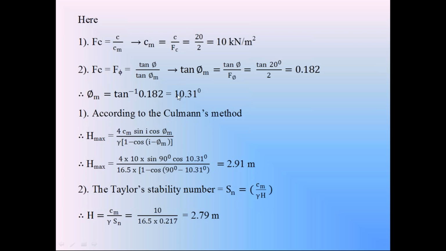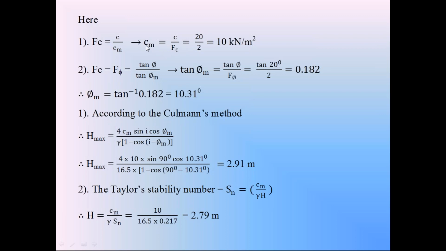Most of you are having doubts in the theory, how to calculate the mobilized cohesion and how to calculate the mobilized angle of friction. So this is the procedure. To calculate Cm, apply the equation Cm is equal to C by Fc, where C is the natural cohesion and Fc is the factor of safety of cohesion.